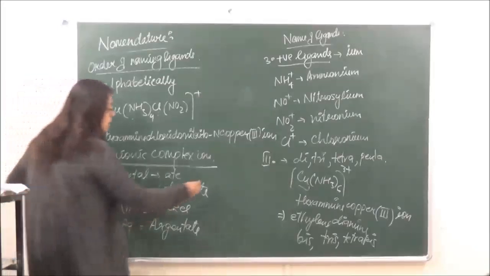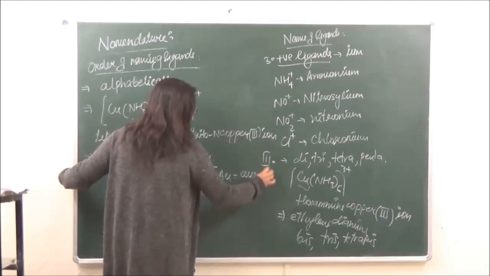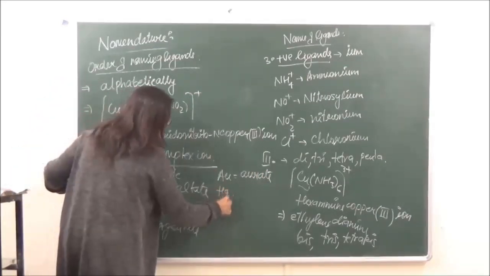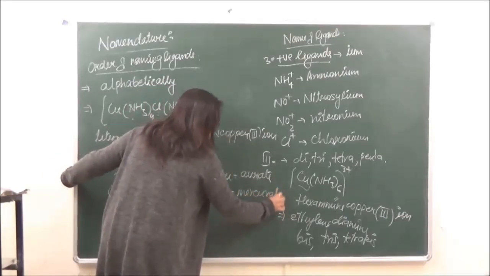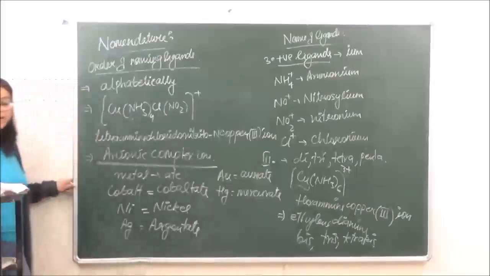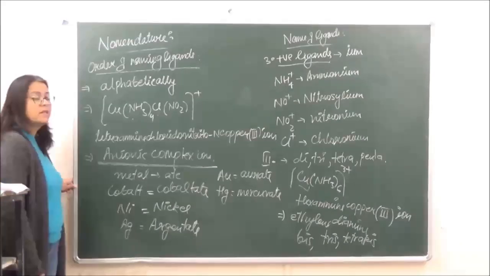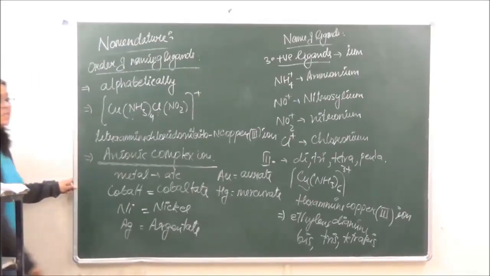If it is gold, aurate. If it is mercury, mercurate. So in the anionic species, the name of the central metal atom is going to have the suffix -ate.